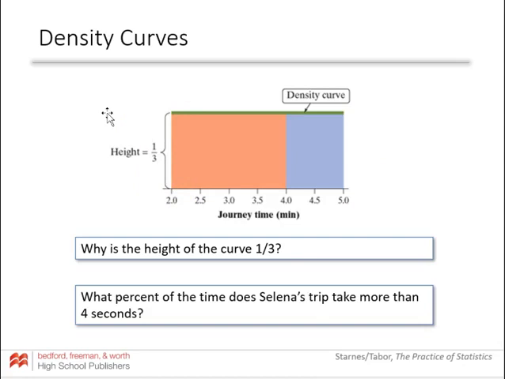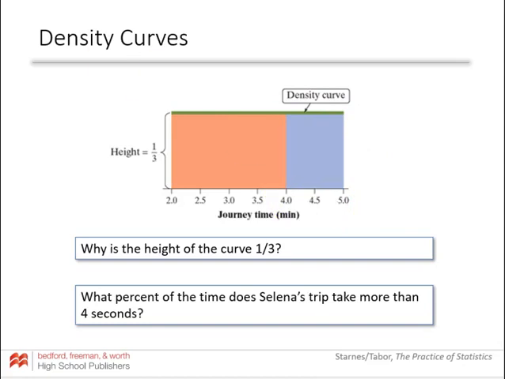And then very similar to our normal curve, we can use this to find probability. So what percent of the time does Selena's trip take more than 4 seconds? That would be from here to here, this blue shaded area.